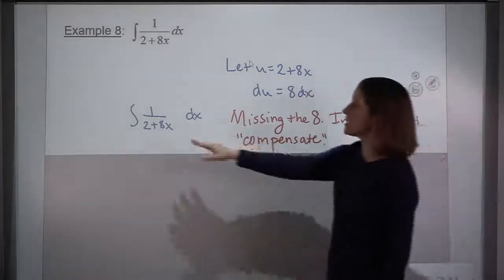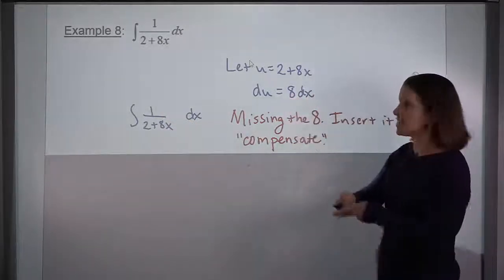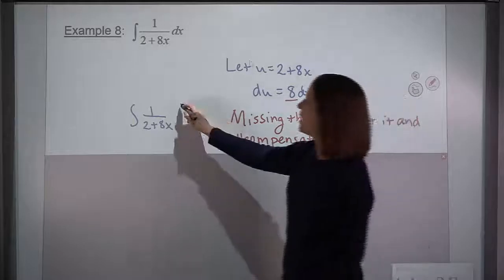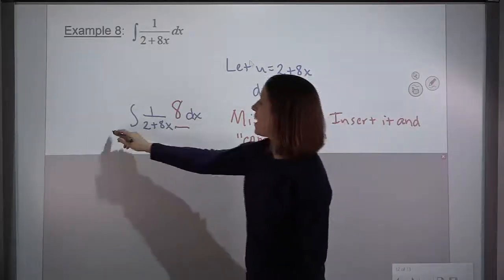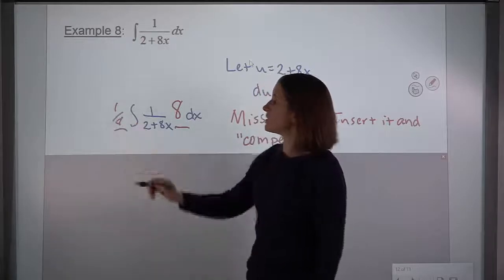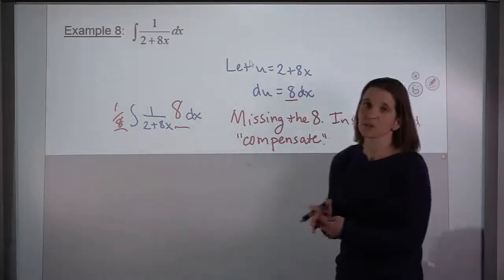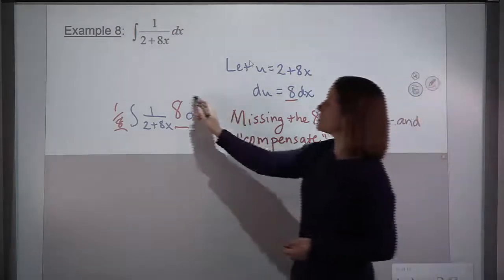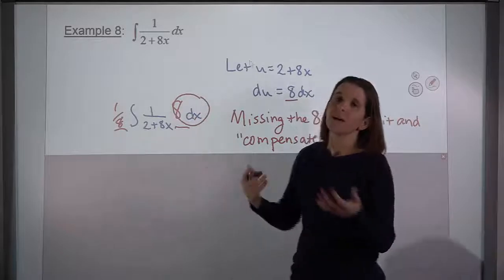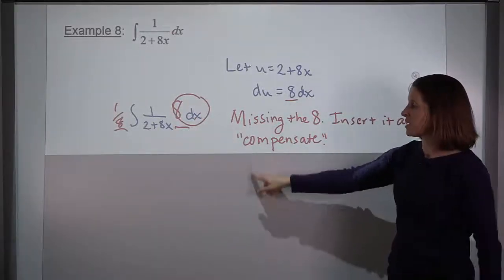I cannot all of a sudden say this is 1 over u du, because it doesn't have the 8. But I can put in the 8 that I was missing and compensate on the outside with a 1/8, so that effectively I'm just multiplying by 1, but I'm putting the pieces of that 1 where I need them to be so that I really do have du, and I can really make my substitution to make it look like one of the 3 simple cases that we know.